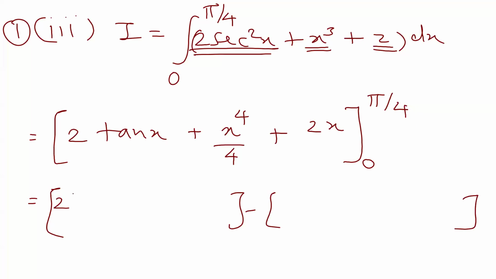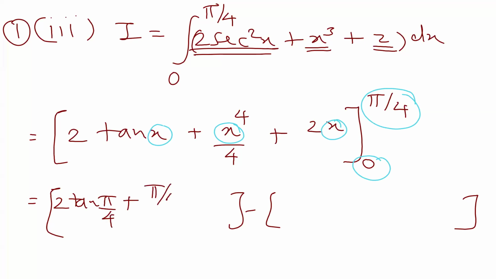So 2 tan, wherever there is x, you are going to first put the upper limit, and then minus. Wherever there is x, you are going to put x as the lower limit, which is 0. So 2 tan pi by 4 plus pi by 4 the whole raised to 4 upon 4 plus 2 into pi by 4.